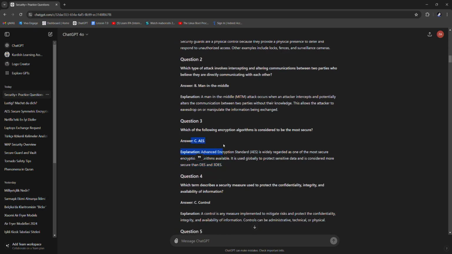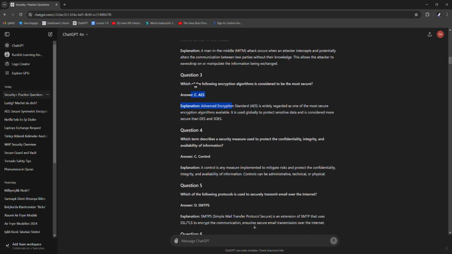Question four is control. If you remember, confidentiality, integrity, and availability of information. Control is any measure or implementation to mitigate risk and protect the confidentiality, integrity, and availability of information. Controls can be administrative, technical, and physical.